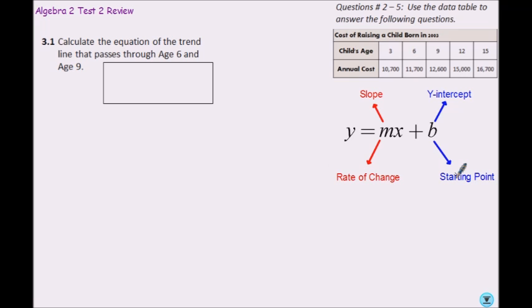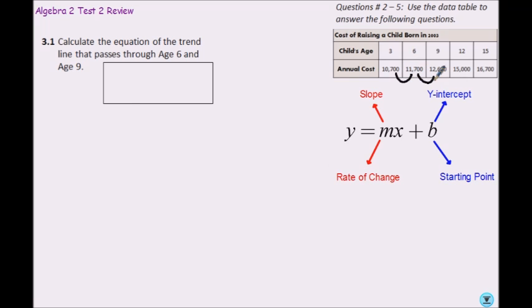So, if I could maybe even already talk about this. I've got the child age at 3, it's going to cost me $10,700. Well, what the b represents, or the starting point, at least in this problem, would tell me, how about when the kid is born? How much is it going to cost me then? So that's what we're talking about as far as the starting point. The slope, in terms of the rate of change, I can see that this is going up.